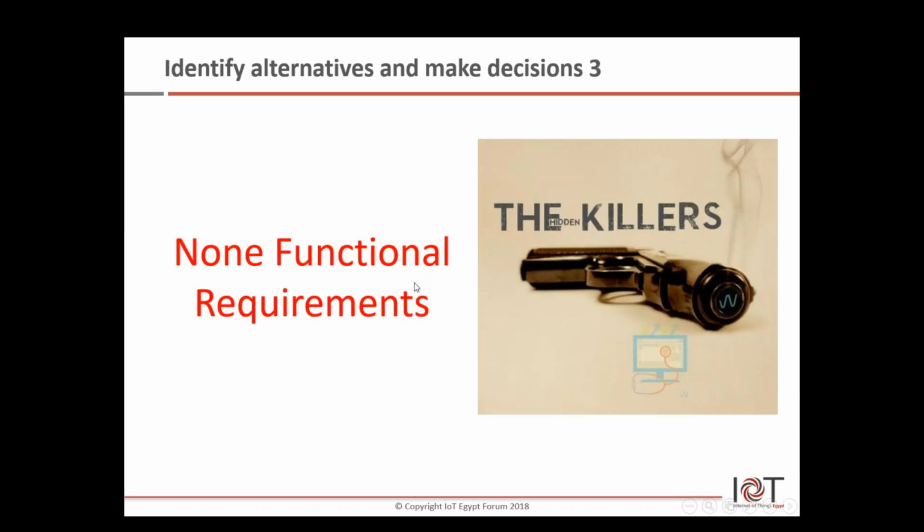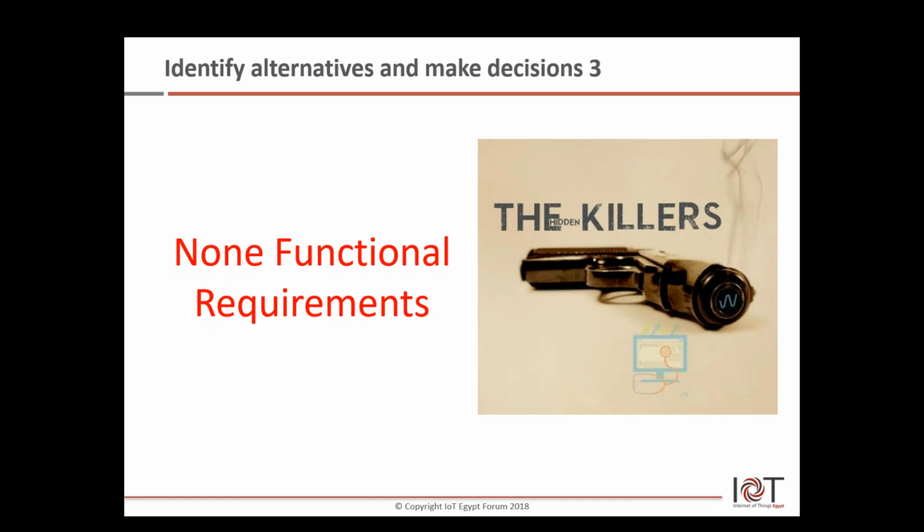But we need to highlight a very important thing, that you need to tackle the non-functional requirements, because I call them the hidden killers for our applications. In our case, you need to be able to size the different data flows coming from the different devices into the gateway.